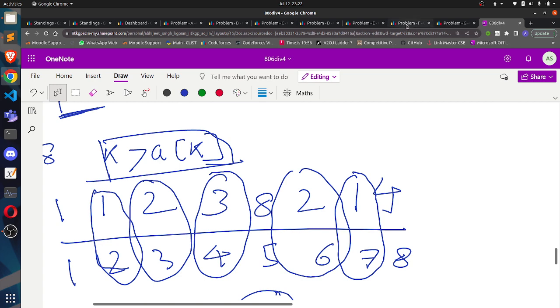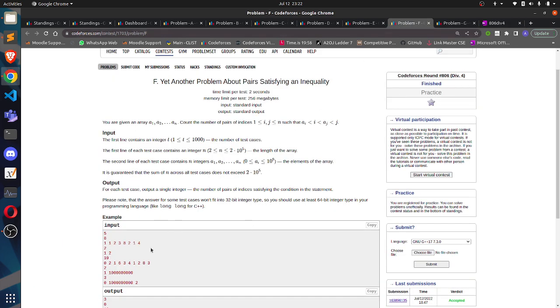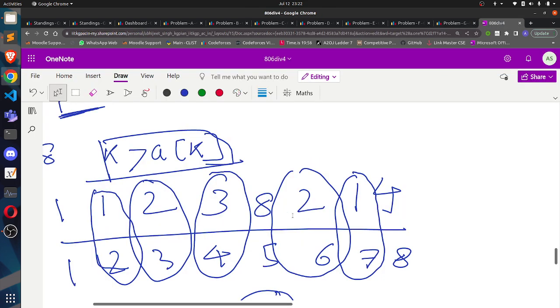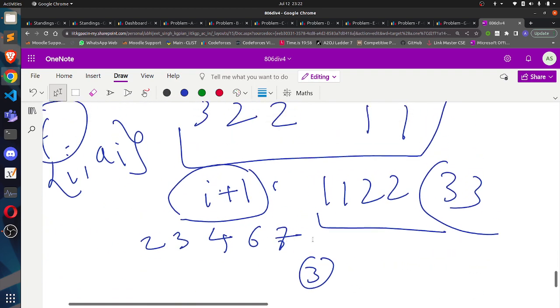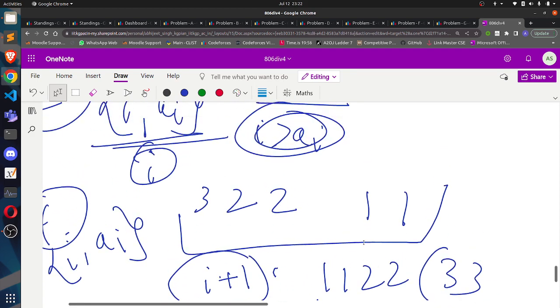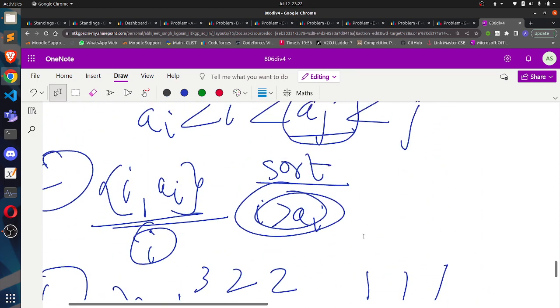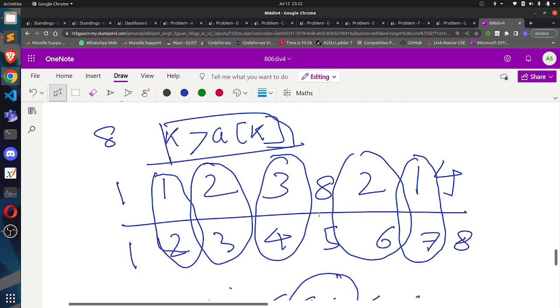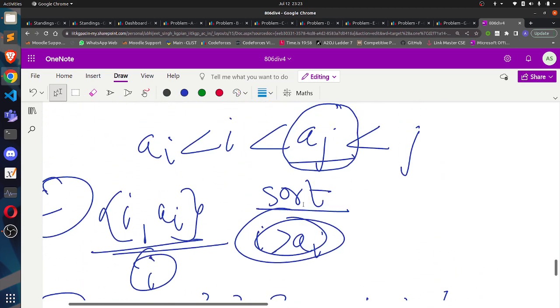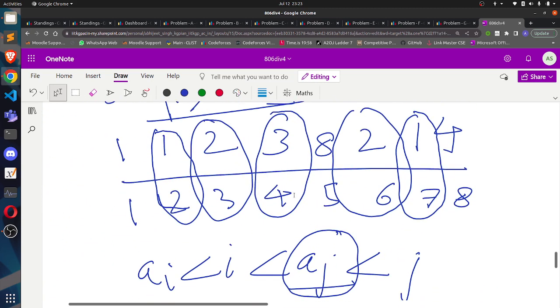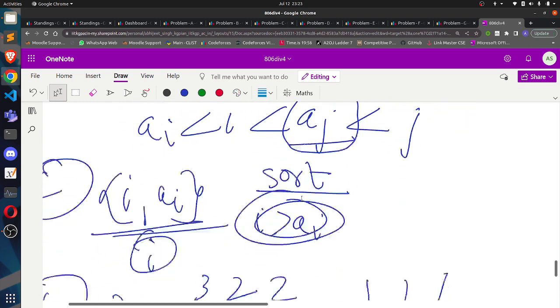Let me see the test case once. 1 1 2 2 3 3. Yes, so what are the positions for which I will get for 1 1 2 2 3 3? 1 2 2 3.